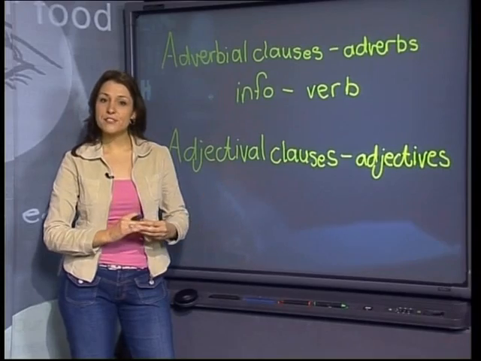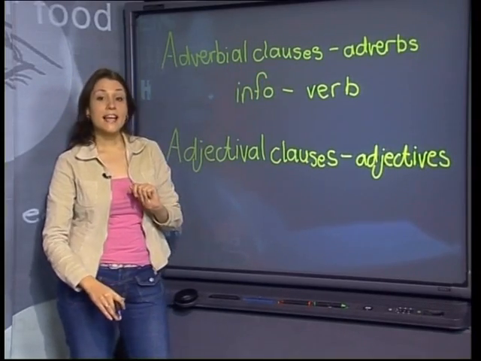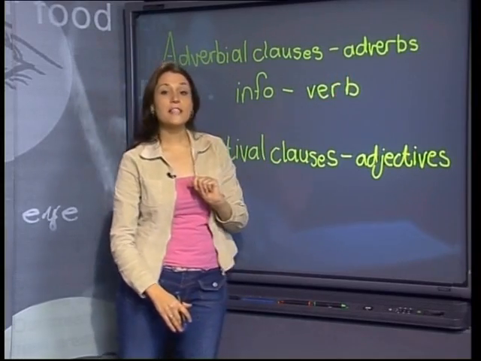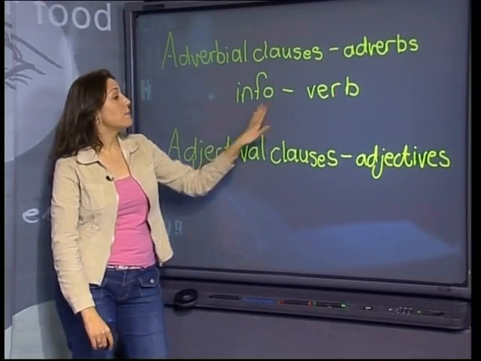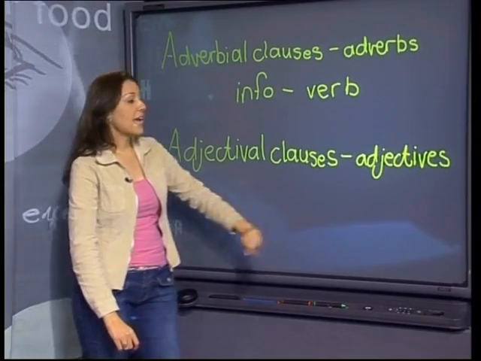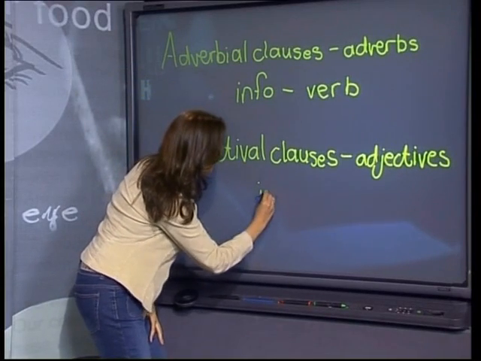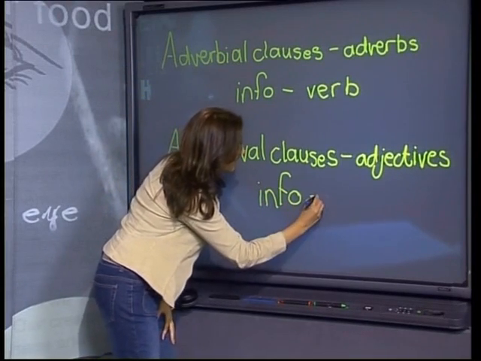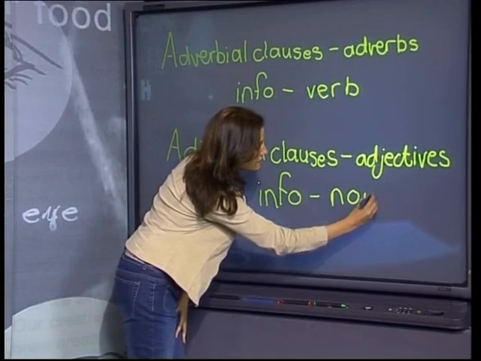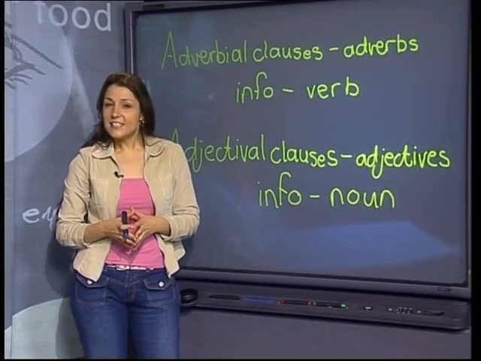Nouns are names. So, just as the adverbial clauses act like adverbs, giving us more info about the verb, so adjectival clauses act like adjectives, giving us more info about nouns. You knew that, didn't you?